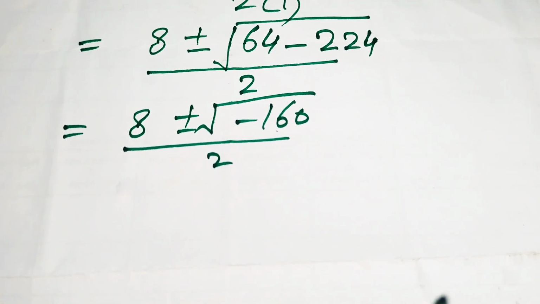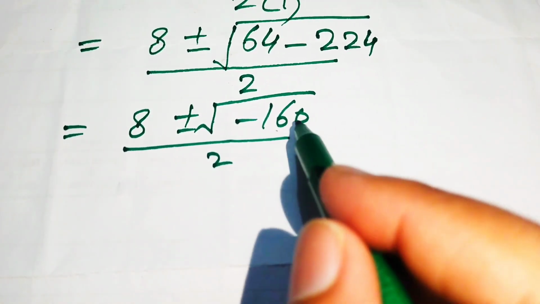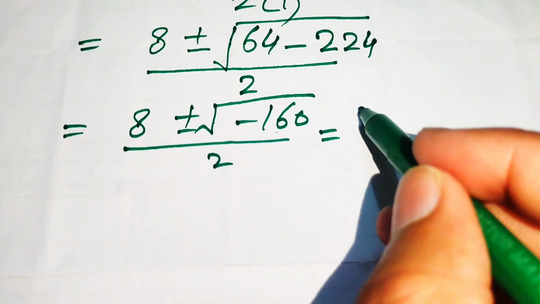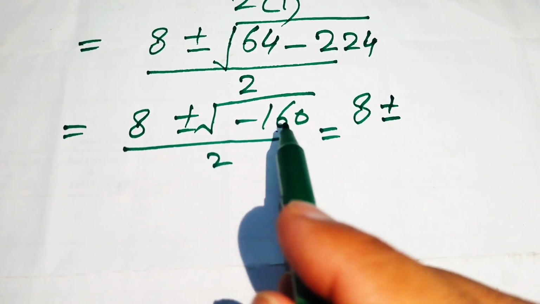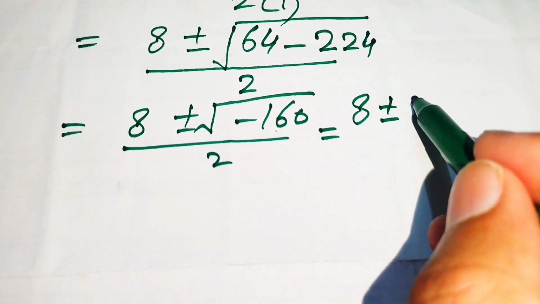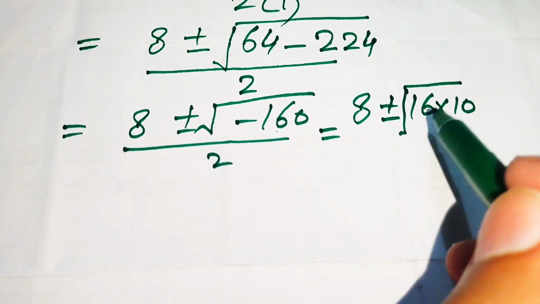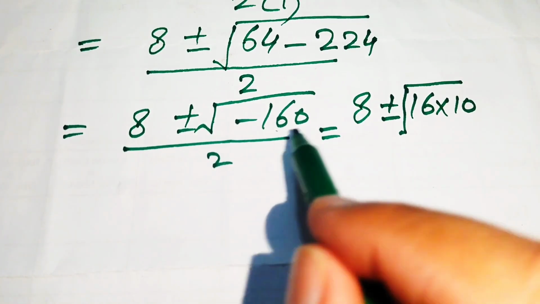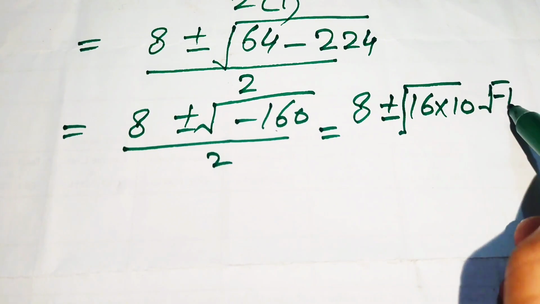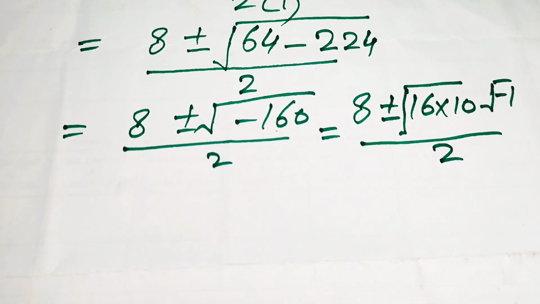So here we separate the negative term and 160, and it will be written as 8 plus minus, we have 160, it will be written as 16 multiplied by 10. We know that 16 tens are 160, into we have minus 1 square root, divided by 2.